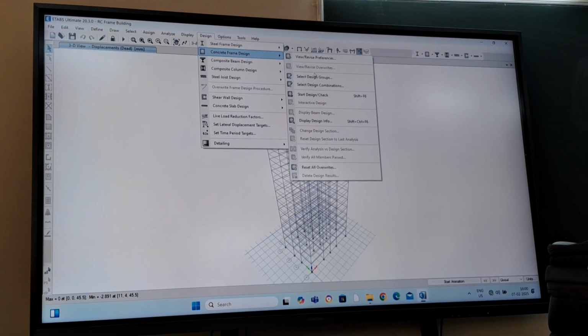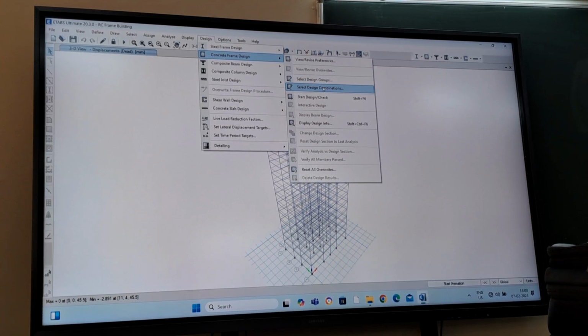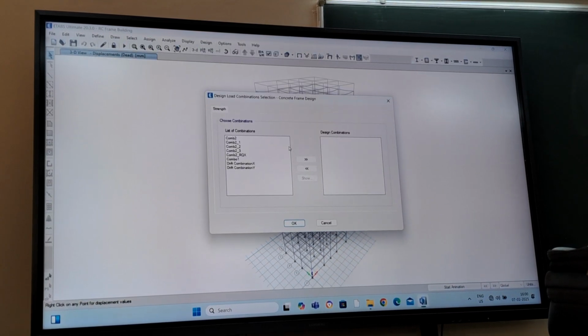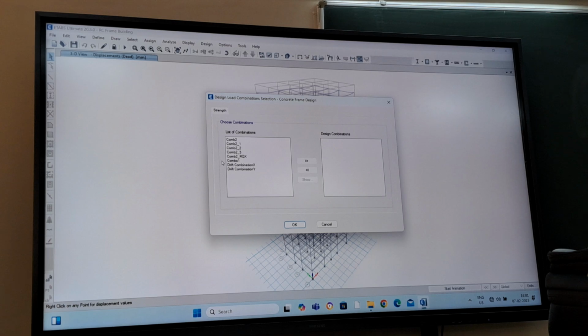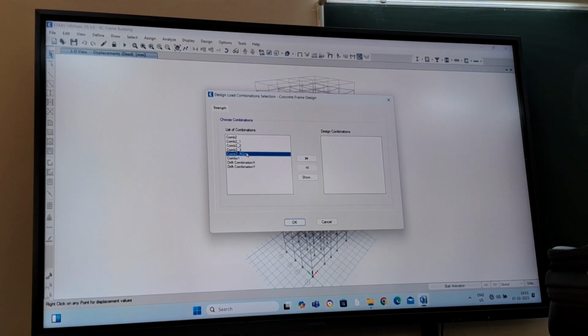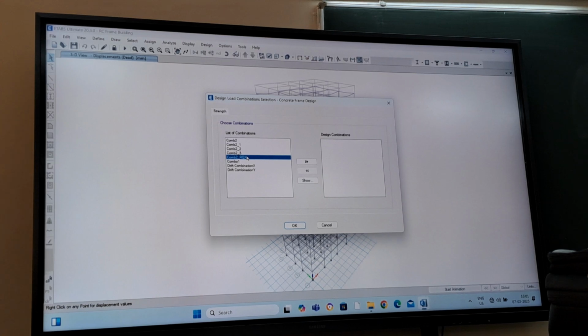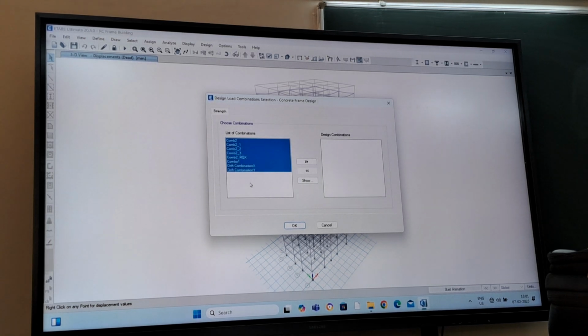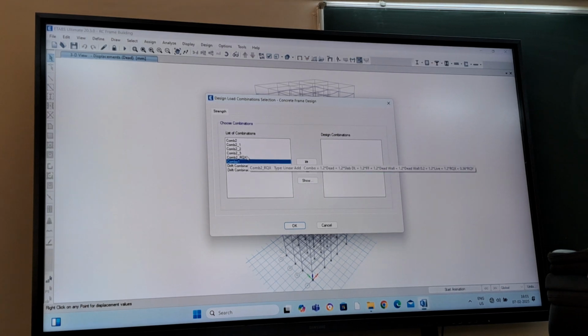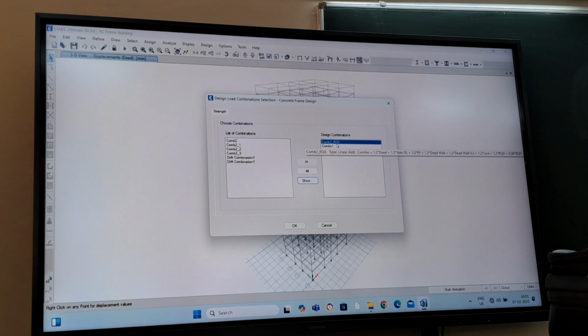And next we have to click on this design combination. See, now I don't have all the combinations defined here. But before designing, you take all the combinations, as many combinations as are given in the code, and prepare them. Once you have defined all the combinations, they will be shown here. So whatever you want to select for your design, you can just check and click on this, and it will be shifted to this right side box.